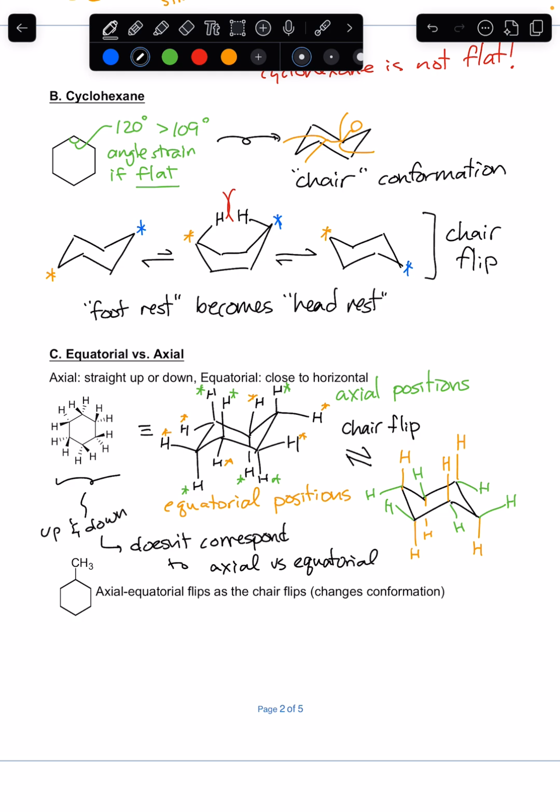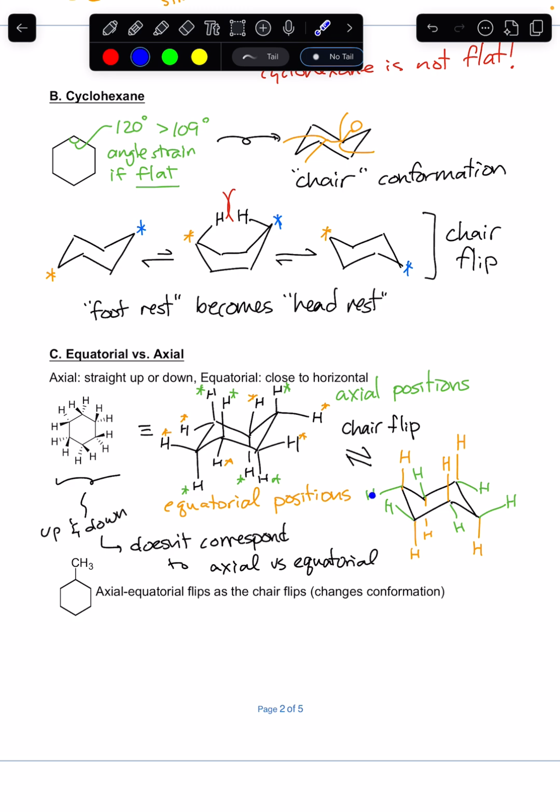Okay, a given proton goes from axial to equatorial depending on the chair flip, but they still remain either up or down. Notice, for example, this hydrogen is up in axial. After the chair flip, it becomes up in equatorial. So up protons stay up, down protons stay down.